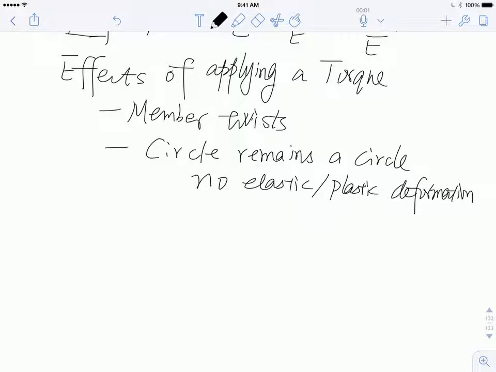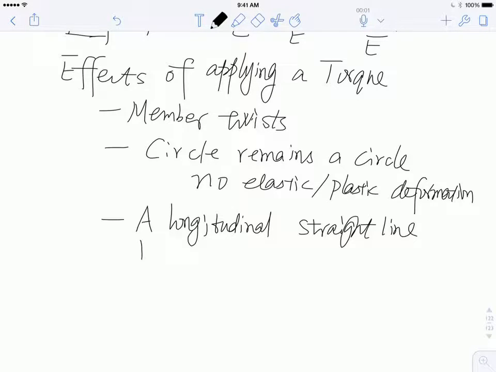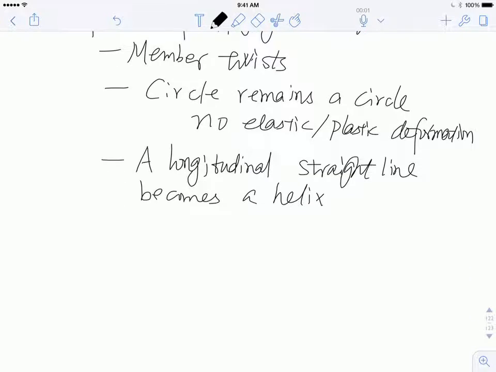It just causes a twist. And lastly, a longitudinal straight line becomes a helix.